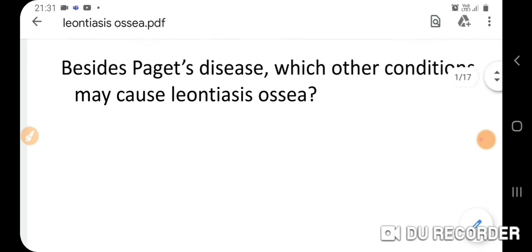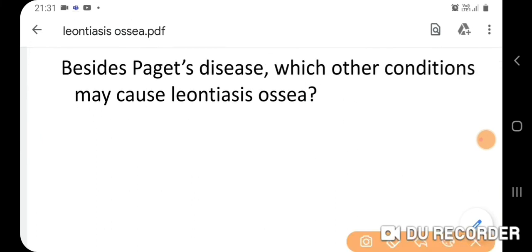Paget's disease is a very important topic. It is the second most common disease after osteoporosis. We will discuss Paget's disease later, and now we come to the conditions that follow Leontiasis ossea.